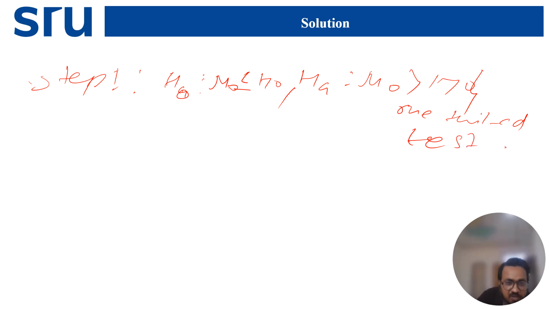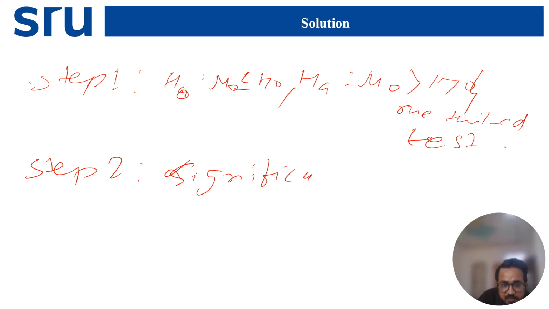Now in step 2, what is the value of alpha? Alpha, that is the significance level, equal to 0.05, right?